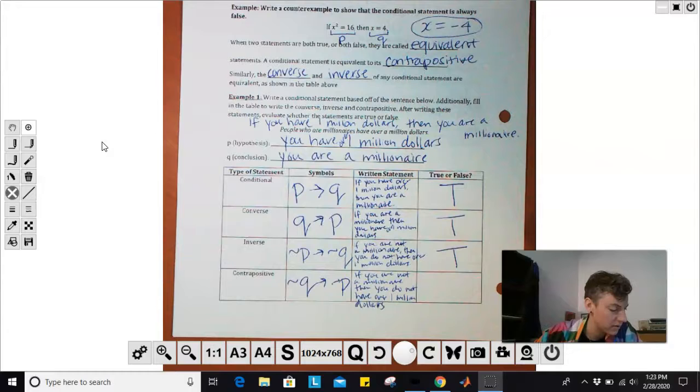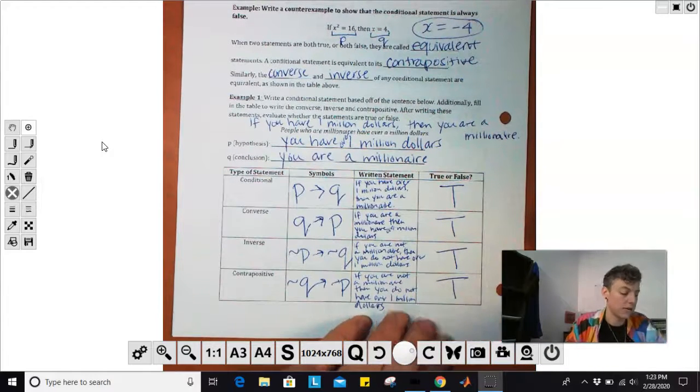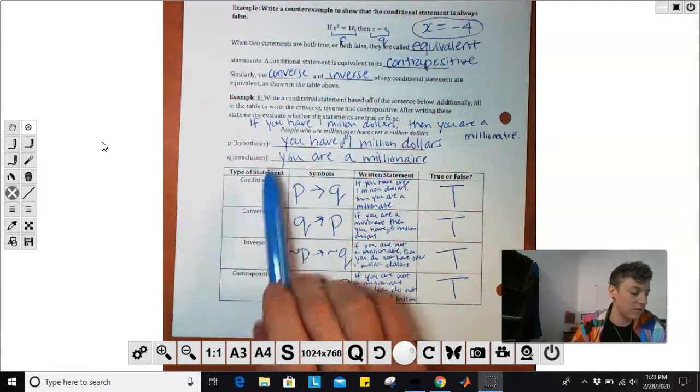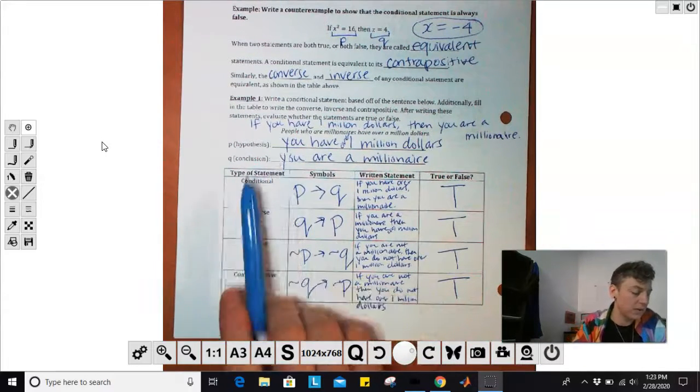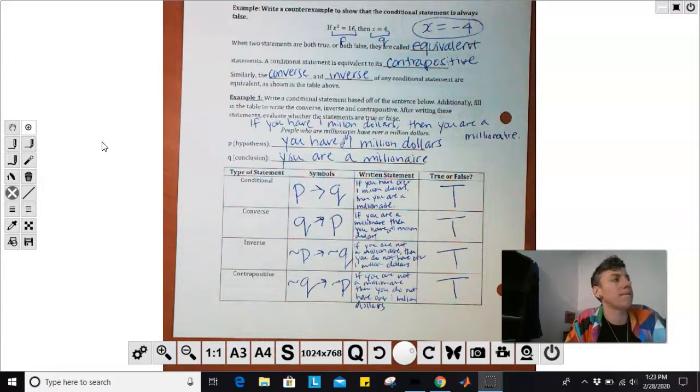Did I write that backwards? Ooh, which one of these did I write backwards? The last one's good, because that's my conclusion. If you are not a millionaire, then you do not have over $1 million. Which one did I write backwards? The inverse.